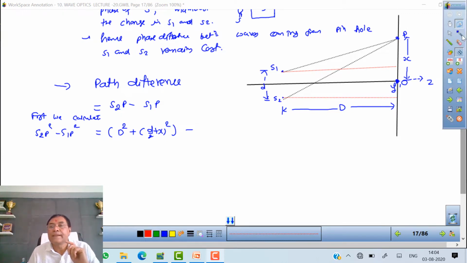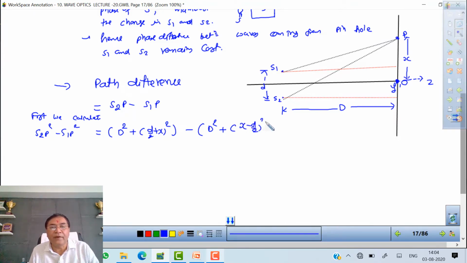We get minus D square plus X minus D by 2 square. So this is D square, this is D square by 4 plus dx plus x square minus, so it becomes D square.